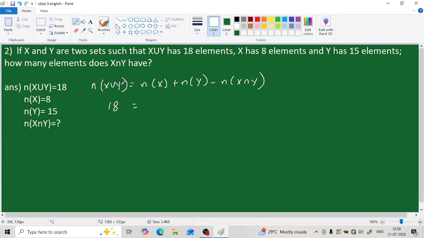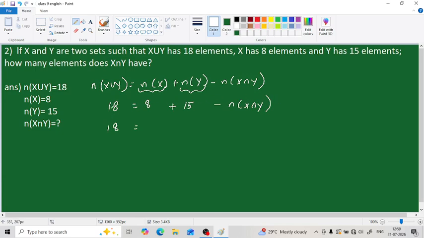In place of n of x union y, we write 18. Then what? N of x, isn't it? N of x is 8, so in place of n of x we can write 8, then here is a plus, then comes n of y. In the place of n of y we can write 15, then comes minus n of x intersection y. Okay, so this is the format of our equation.